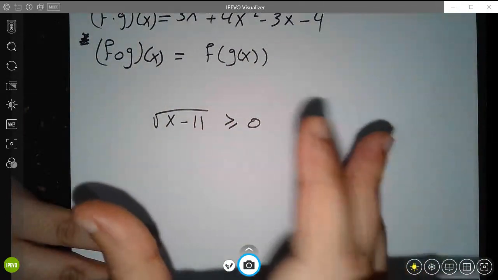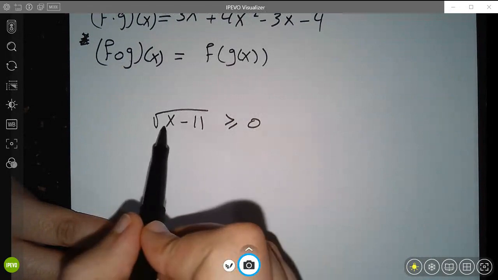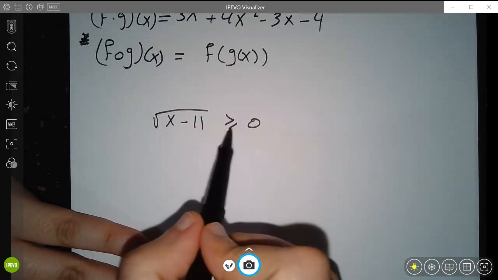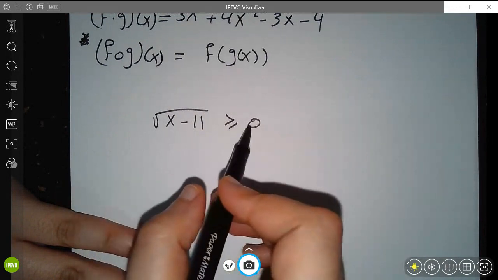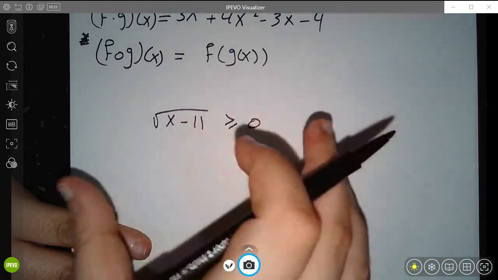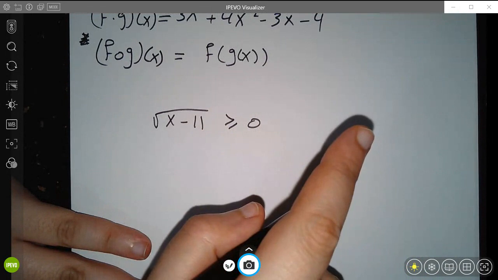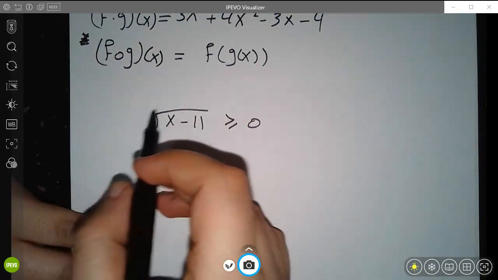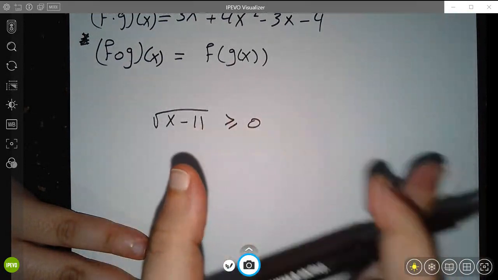Since I told you that this whole root, x minus 11, is greater than or equal to 0, I want you to only include the values that make it either 0 or higher. Therefore, it's always going to be positive, right?